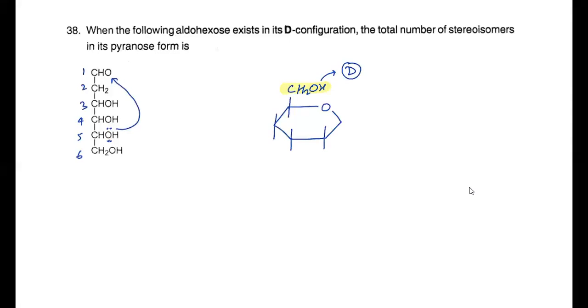And 6-member ring with the oxygen confirms its pyranose form. This must be the structure. Now you have to put the valencies. So in terms of valency, at this position, 2 options are there, H and OH.